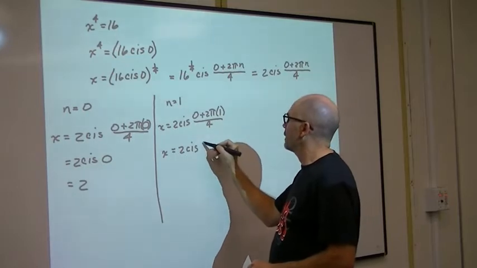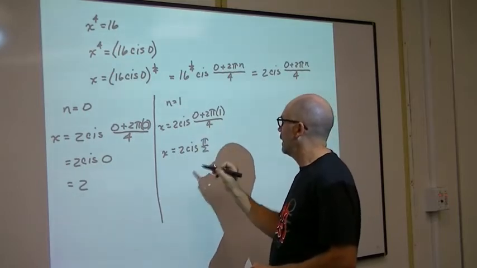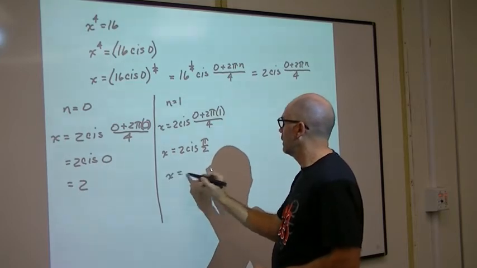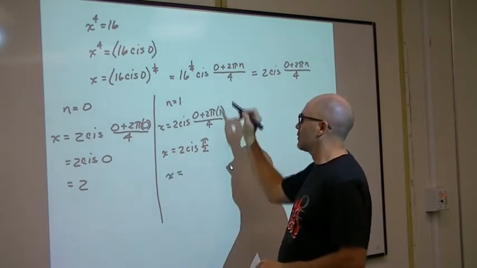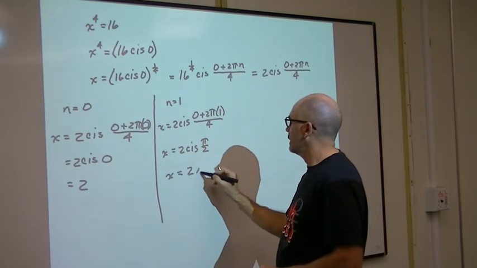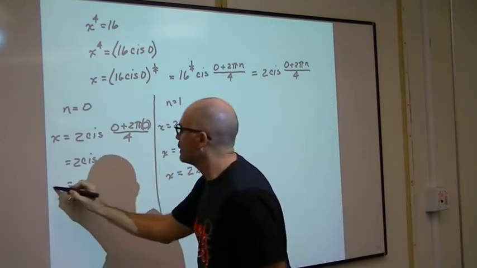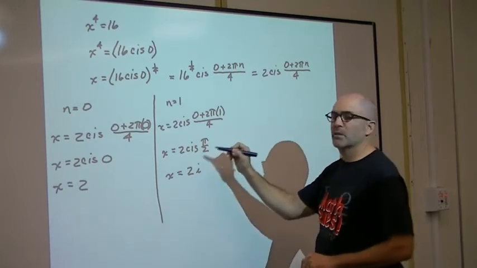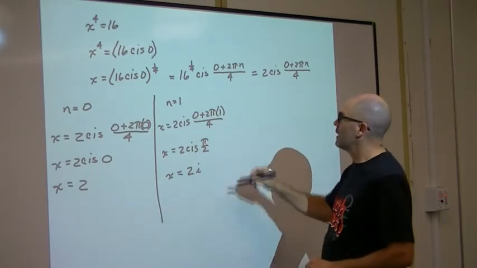So 2 pi over 4 is pi over 2. And what is 2 cis pi over 2? Well, it's 2 straight up. That's 2i. Remember, I don't have to do the cosine pi over 2 plus i sine pi over 2 because I know it's straight up.